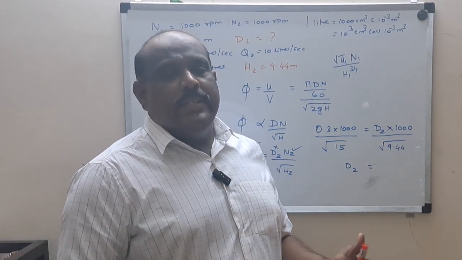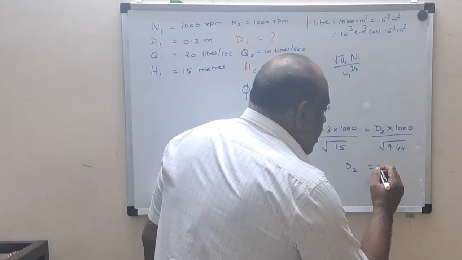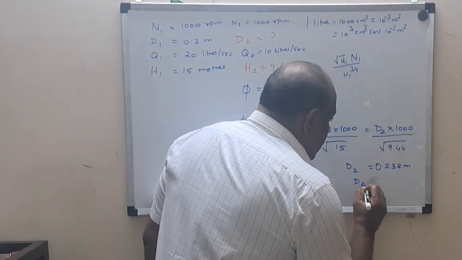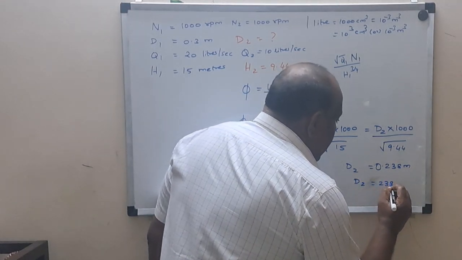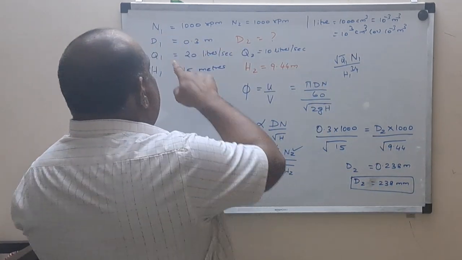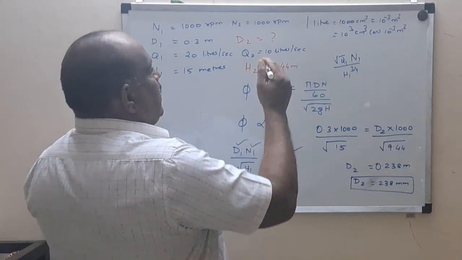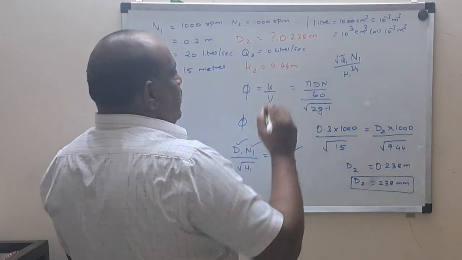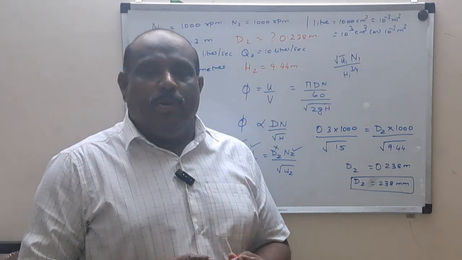On evaluating, D2 comes to be around 0.238 meters, which is nothing but 238 mm. The diameter is slightly lesser than the diameter of the first pump. It is 0.238 meters. I hope you enjoyed the problem.